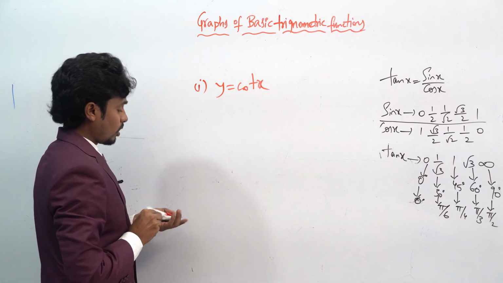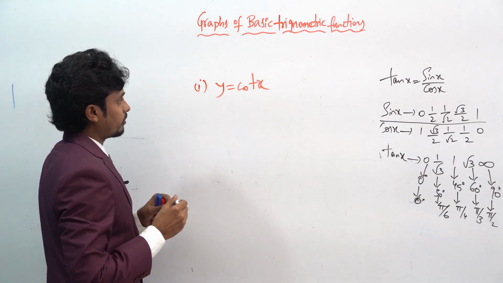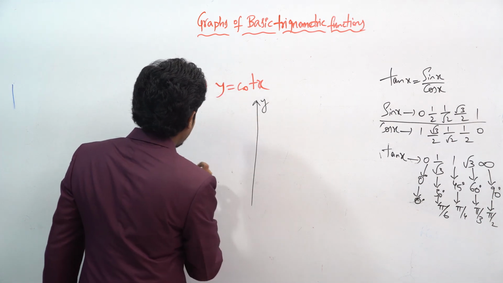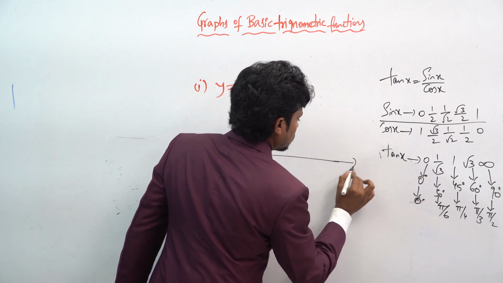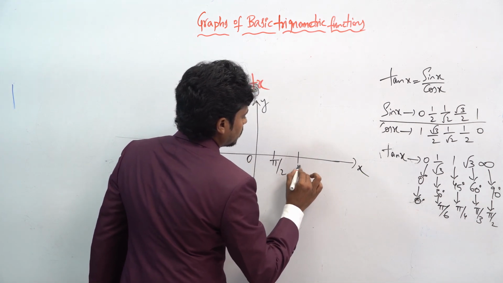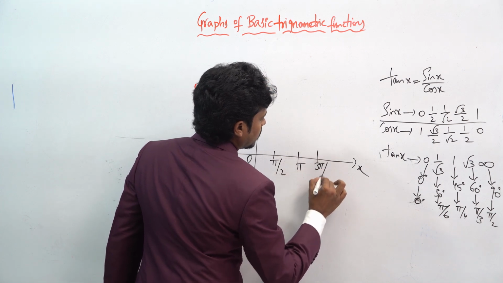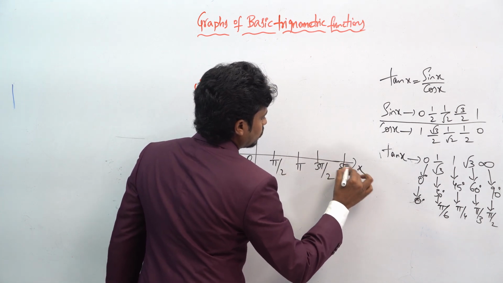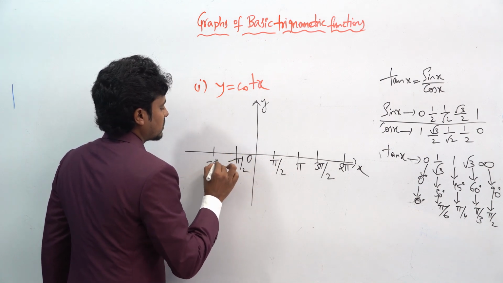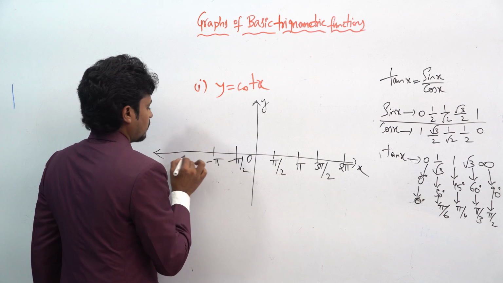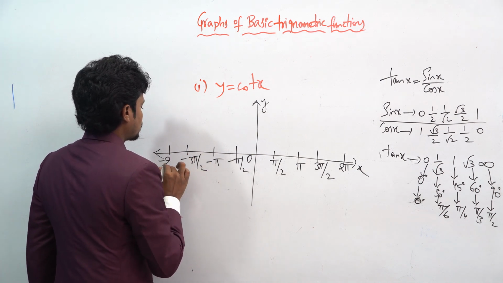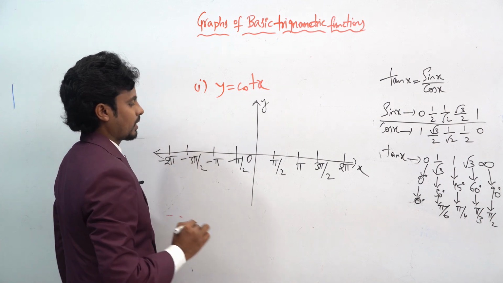So how can you draw this plot? Here, this will be y and this will be x, and here this will be 0, this will be pi by 2, this will be pi, this will be 3 pi by 2, and here this will be 2 pi. And here also this will be minus pi by 2, this will be minus pi, this will be minus 3 pi by 2, and this will be minus 2 pi.